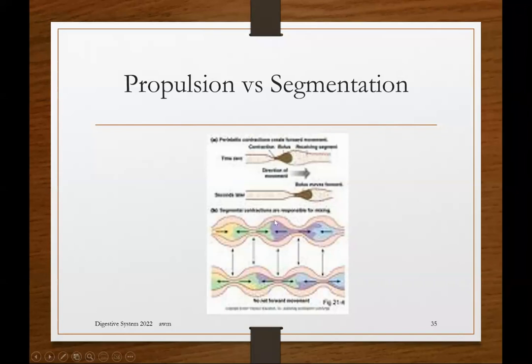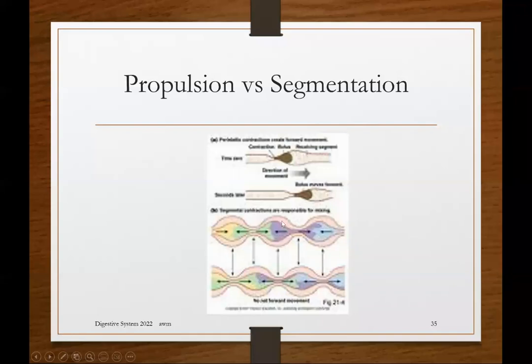So for segmentation, this shows you that instead of having one point where the contraction occurs, it occurs in more than one area. So you can see here that you've got 1-2 points of contraction. If you look at the content, which is colored in yellow, green, and almost purple on this side, you can see that the areas which are contracted on this top figure will relax in the next second or so.